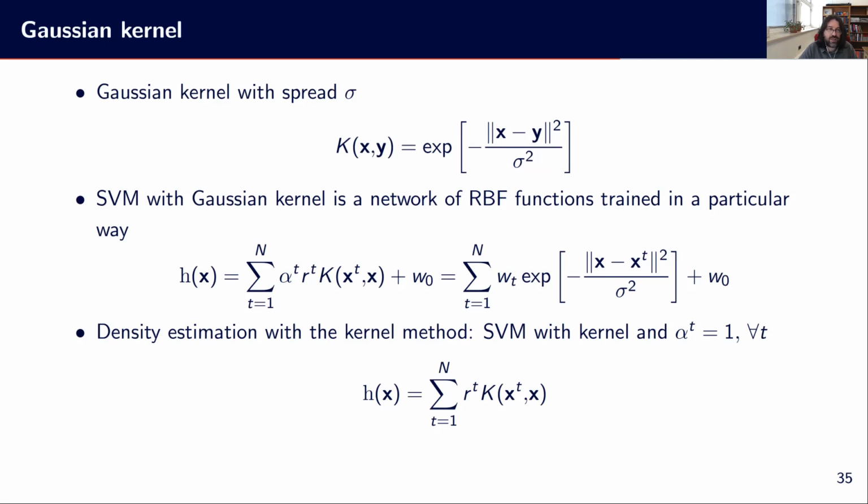So it's basically like a SVM with an alpha equal to 1 for all samples. So we can see that the SVM, where we will get everything as a support vector in the training set with an alpha equal to 1, will result in some kind of density estimation in that space.